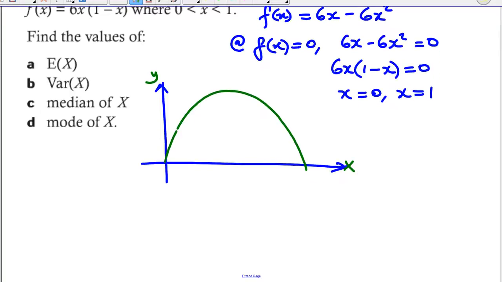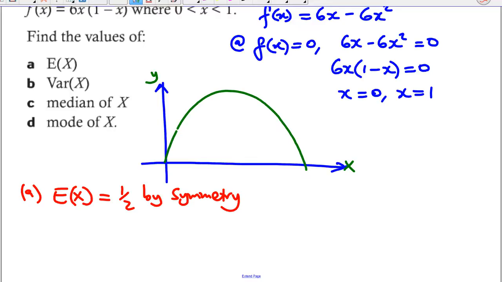So basically here, for A, the mean, which is the expected value, will be equal to a half by symmetry. The mean here will be the axis of symmetry, which will just be a half. Remember, this is 0, this is 1, so a half is somewhere there.